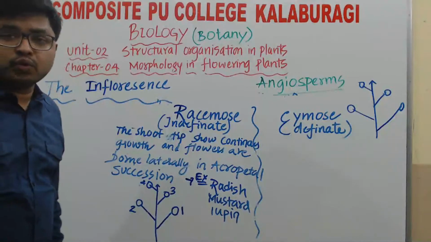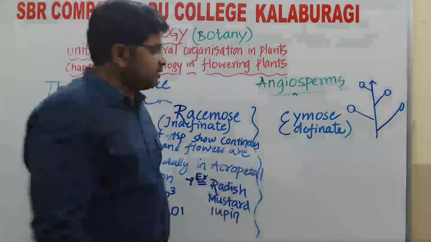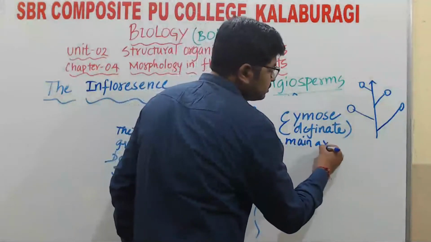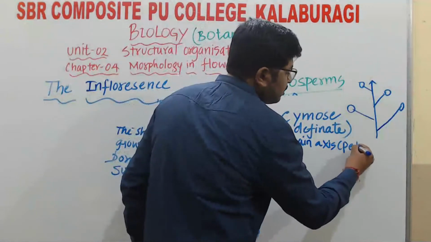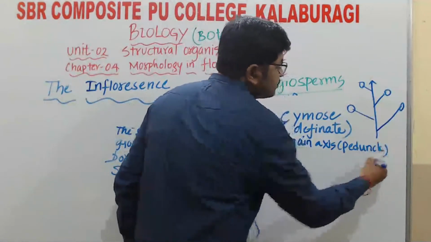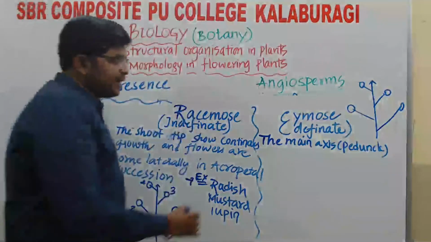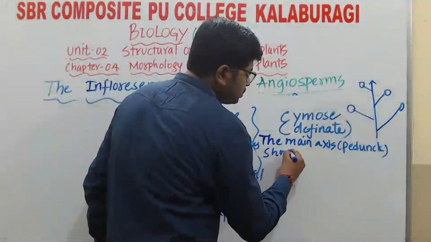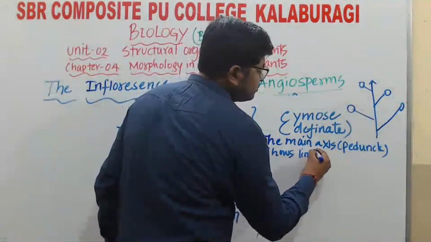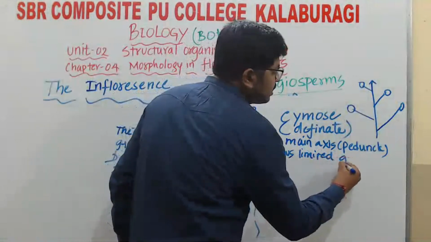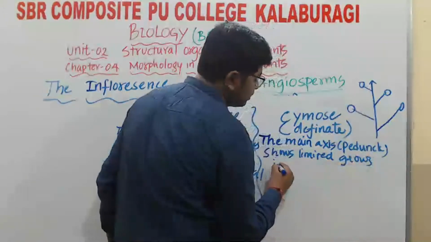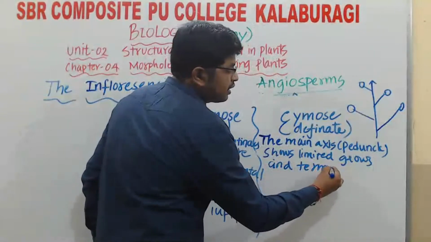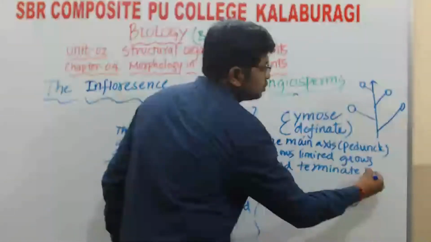What is cymose then? Here the main axis or peduncle shows limited growth and terminates in a flower.